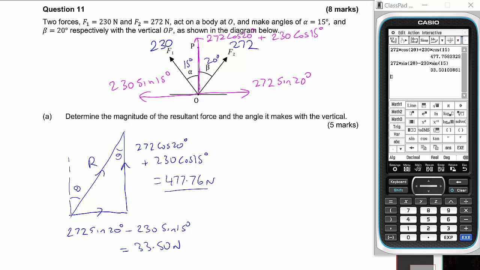Okay, so we can do a bit of Pythagoras. So R is going to be the square root of this one squared, add this one squared, which is 478.9.